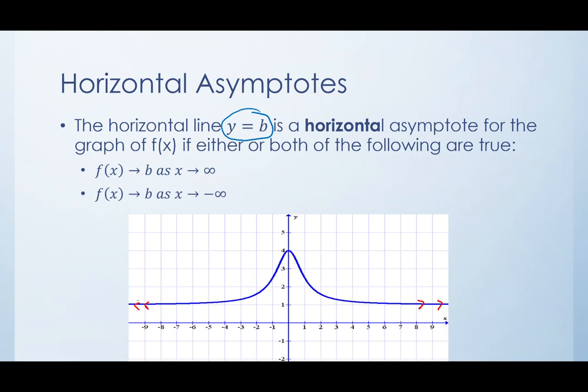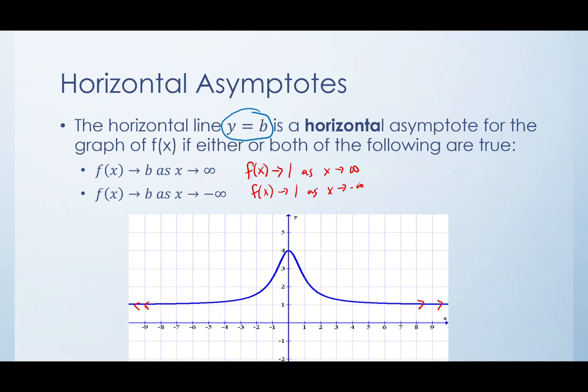And so here in our picture, we have f of x approaching 1 as x goes to positive infinity and f of x approaching 1 as x goes to negative infinity.